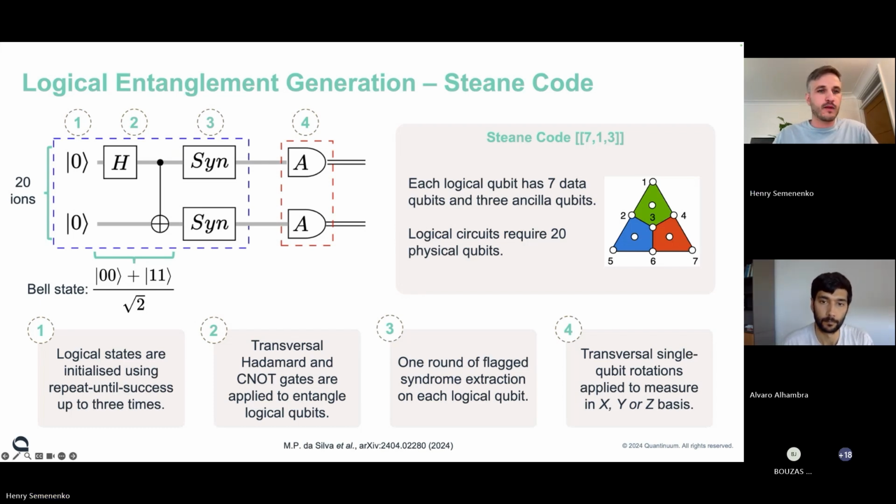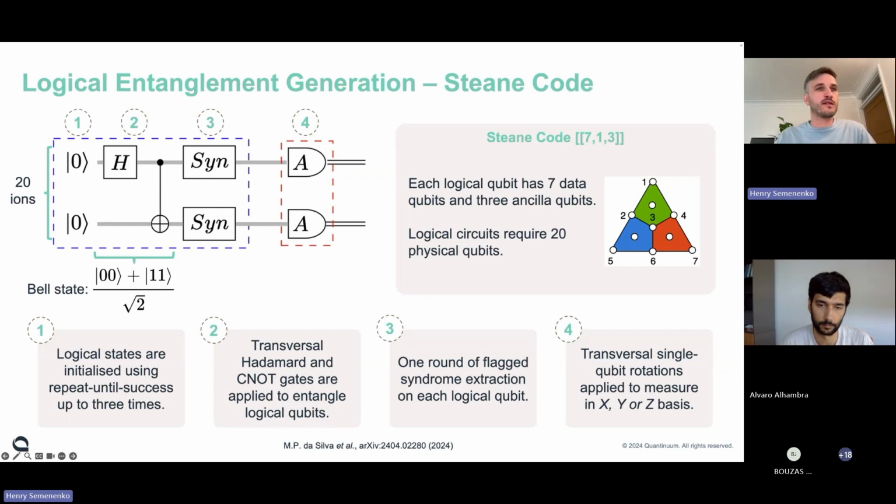And we start initially just by creating our logical states. This is done in a repeat until success up to 3 times. So we can try and prepare our 0 state, do some checks to see if there are any errors. If there are, then we can repeat this process and make sure that we have a 0 state, and we'll do this up to 3 times.